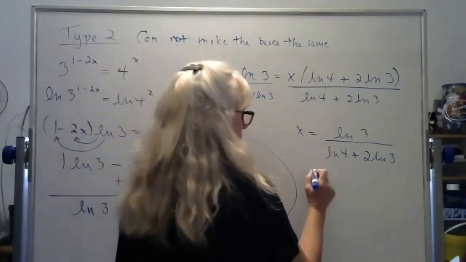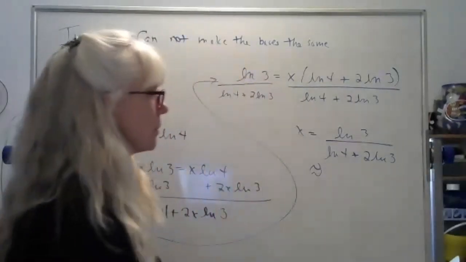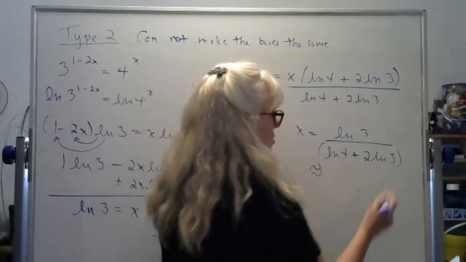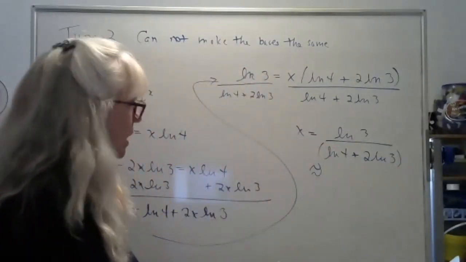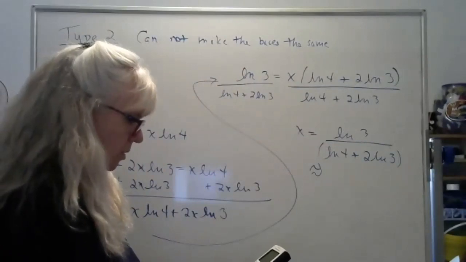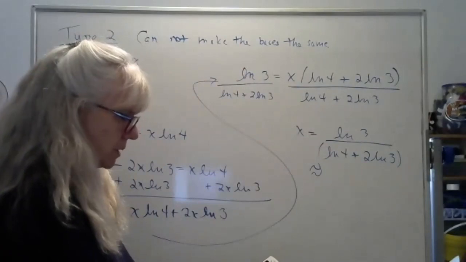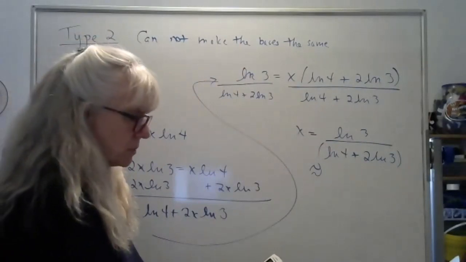You would take this to the calculator to get the decimal approximation. Be really careful about numerators and denominators. If you go to the calculator, make sure you put that entire denominator in a set of parentheses. So natural log of 3 divided by ln of 4 plus 2 ln of 3. And be really careful. Make sure you close parentheses because the calculator puts them on the log terms no matter what.